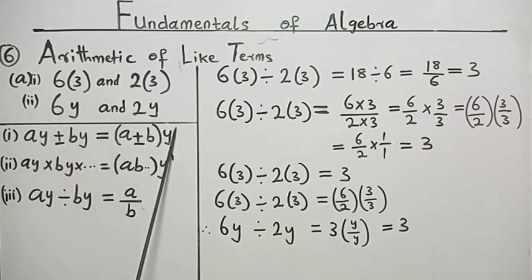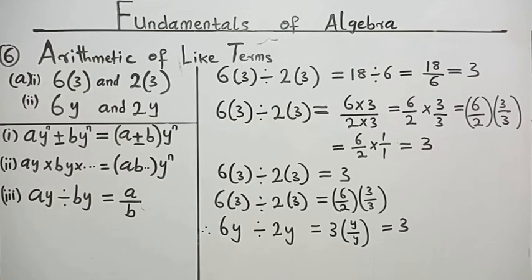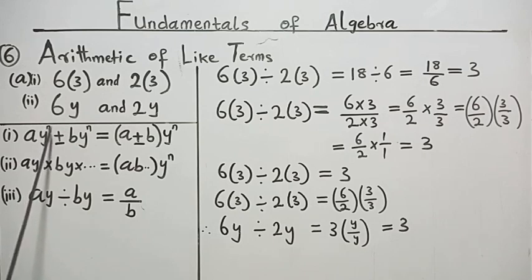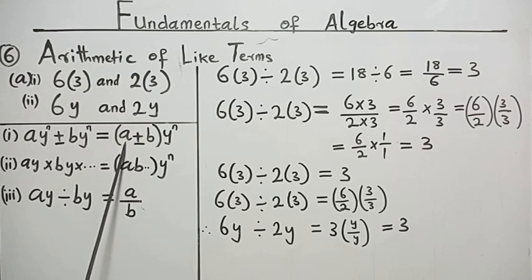Because of that, I'm going to put that n here to make this law all-encompassing. Please watch out. And here it comes. ay to the power n plus or minus by to the power n, where this n can be any power, no longer just 1, but 1 is included, is equal to a plus or minus b, y all to the power n.